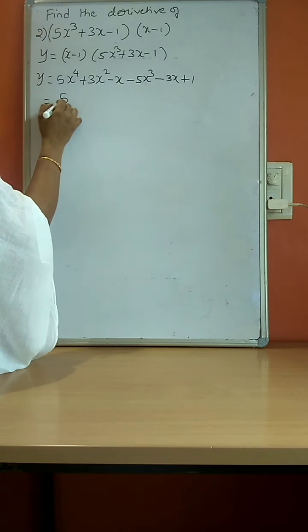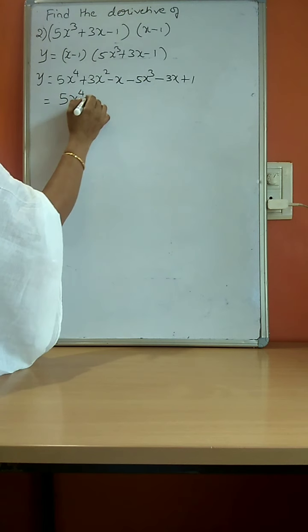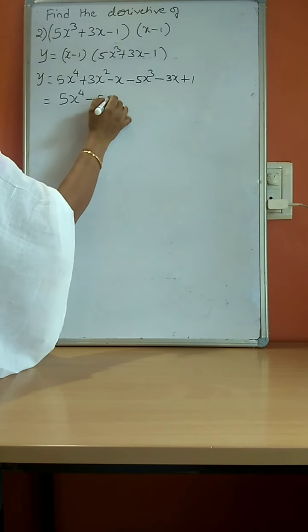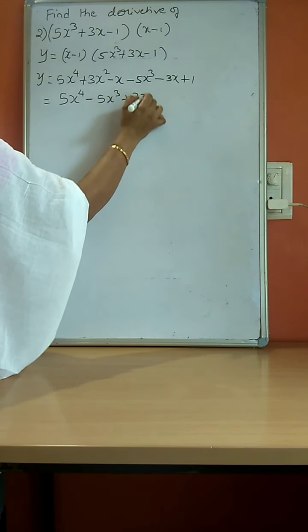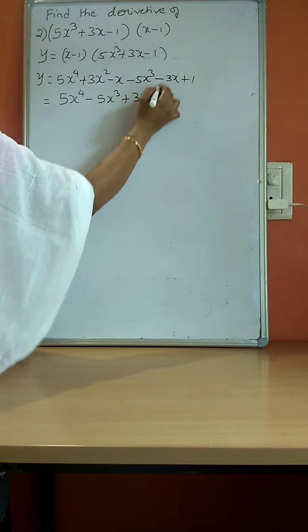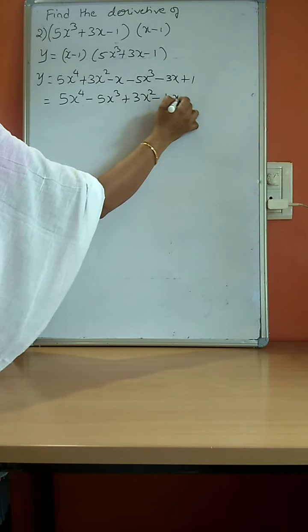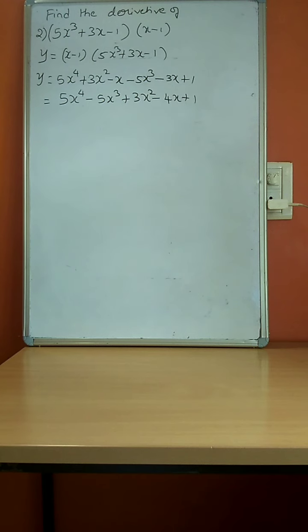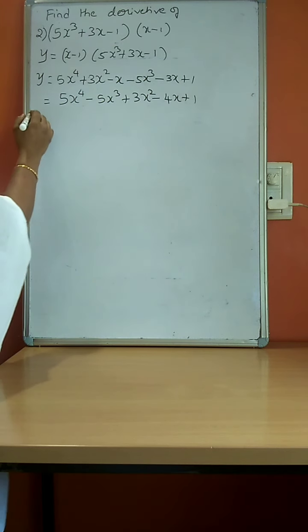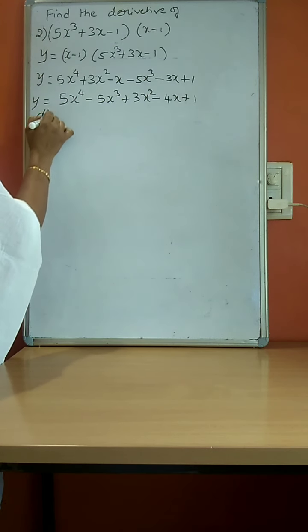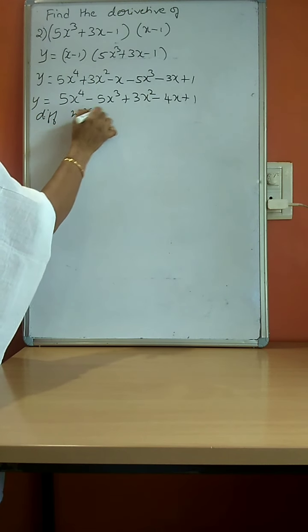This must be equal to 5x to the power of 4 minus 5x cube plus 3x square minus 4x plus 1. Differentiate with respect to x.